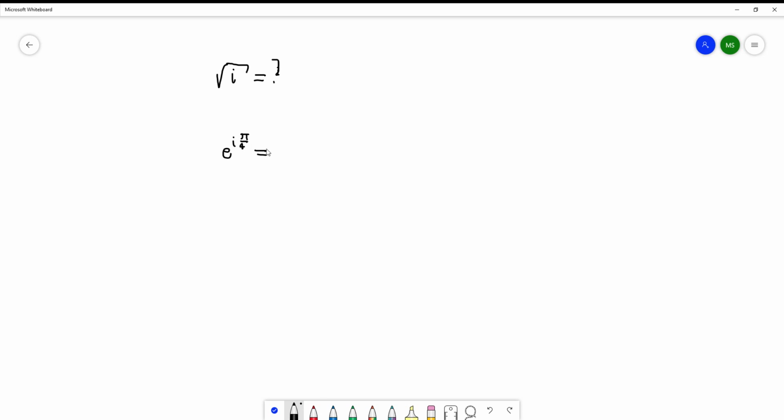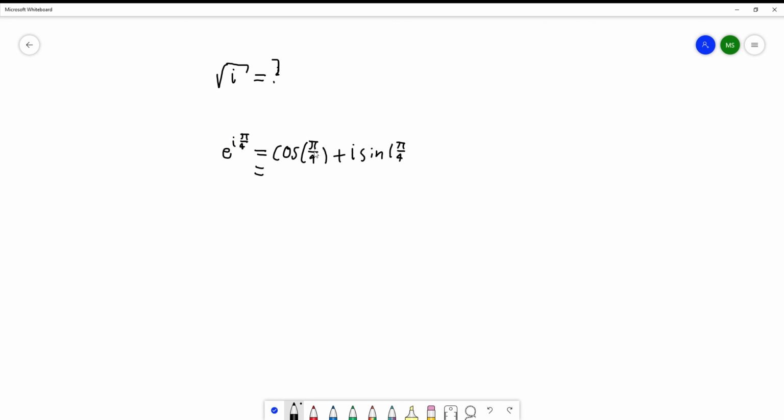Now, using Euler's formula, we can say that this is cosine of pi over 4 plus i sine pi over 4. Now, the reason we don't have r is because the r we computed is 1 and the square root of 1 is still just 1, so it won't do anything.